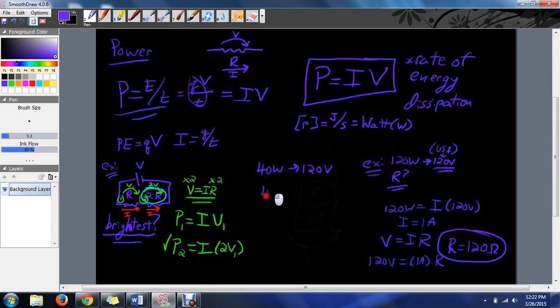So we do the same analysis. P equals current times voltage. Current is, careful here, 40 divided by 120, a third. V equals IR. 120 volts is a third of an amp times R. Multiply by 3, we get 360 ohms.